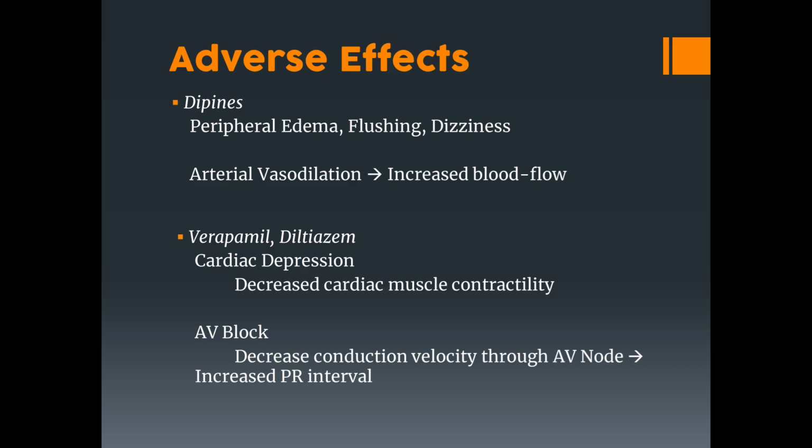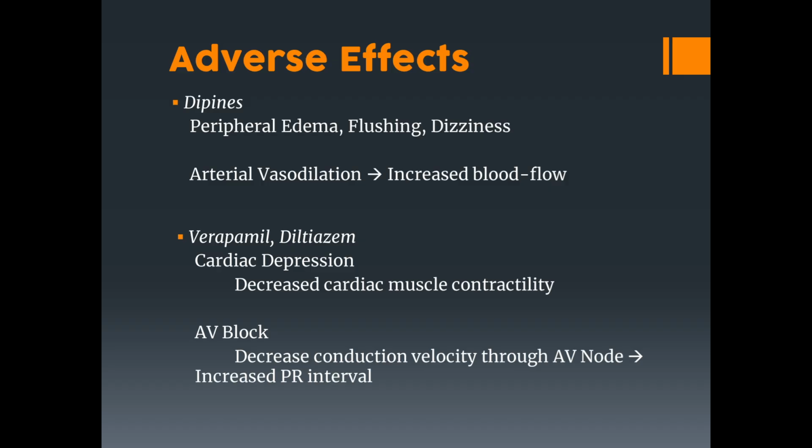After that, the dipines. Now you're going to see here that the adverse effects of dipines are mainly focused on the peripheral systems. Like if you have limbs, you have peripheral edema. If you have face, you have flushing. If you have head, you have dizziness.